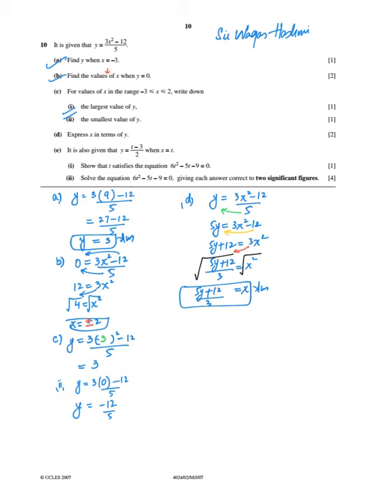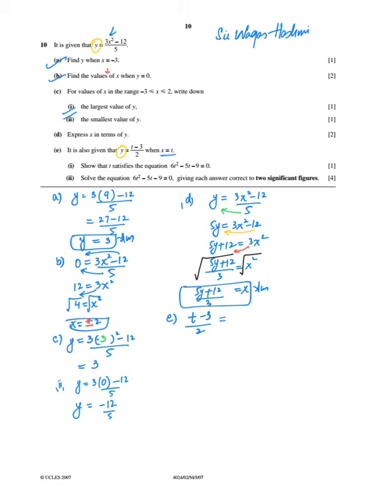In part E, it says that it is also given that y equals (t minus 3) upon 2, where x is equal to t. Show that t satisfies the equation 6t square minus 5t minus 9 equals 0. So if you observe the question, you have y here, right, and you have y here. So we need to equate these two. So that will be (t minus 3) divided by 2, and I am going to place t here because it is given that x is equal to t.